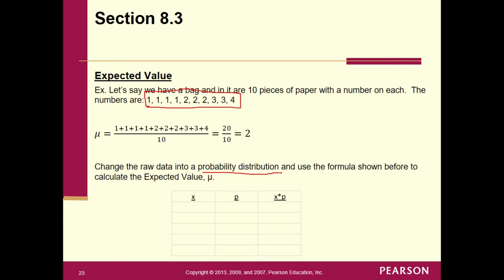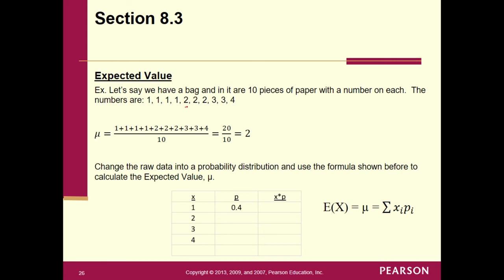What are all the different values that x can take on? We can have 1, 2, 3, or 4, right? What are the corresponding probabilities? How often does 1 show up? 1 shows up 4 out of 10, or 0.4.